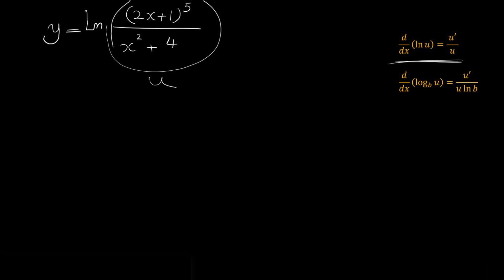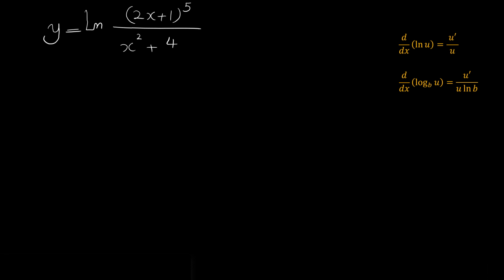But as you can see, u is a very complicated expression, and finding u prime for the numerator is a bit hard. The better method for finding the derivative of this function is to first simplify this expression and then take the derivative of the function. But how can we simplify this expression?